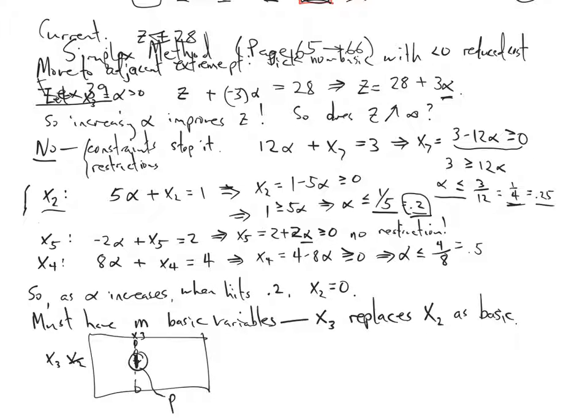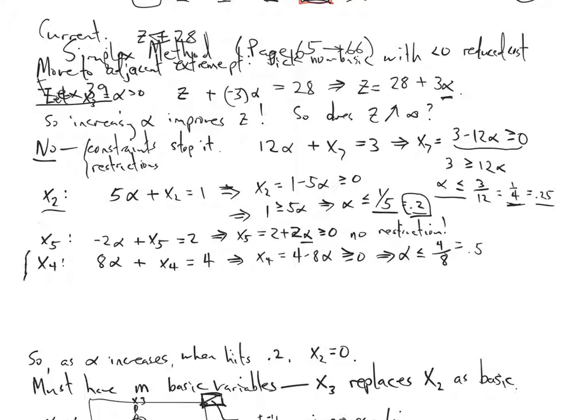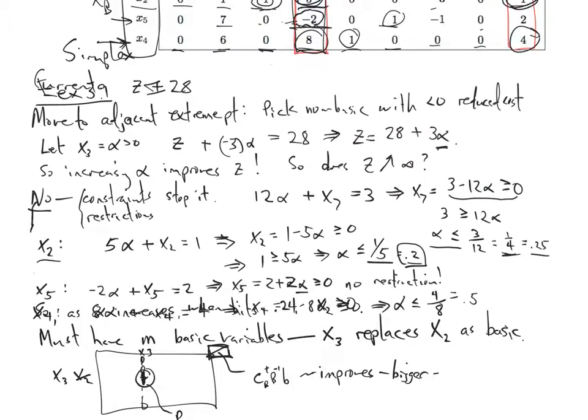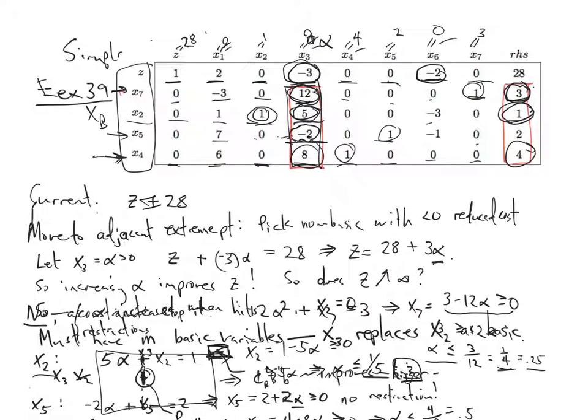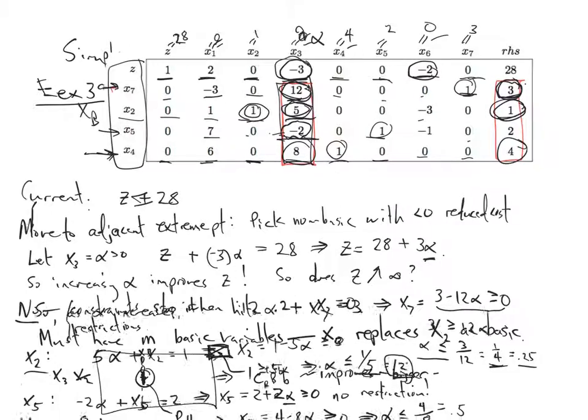And when you do this, you'll see in the upper right corner where we have the CB transpose B inverse B, when we change capital B to have a different basic variable, it improves, gets bigger when we hit the P, because the top row is also, if we look back here, when we pivot on this, so in this one we would pivot on this guy right here.